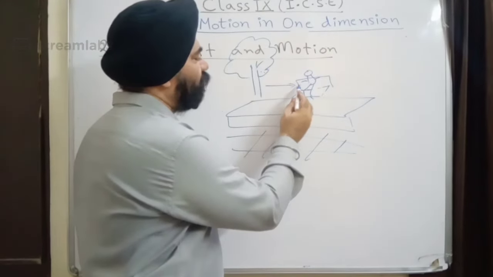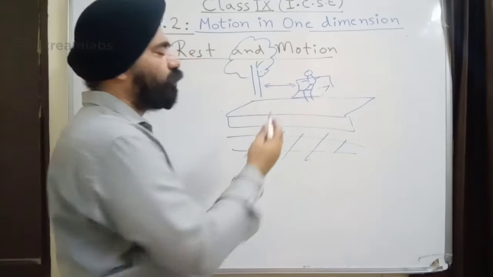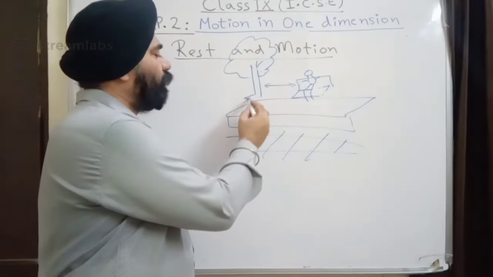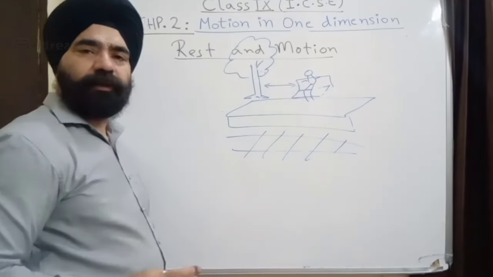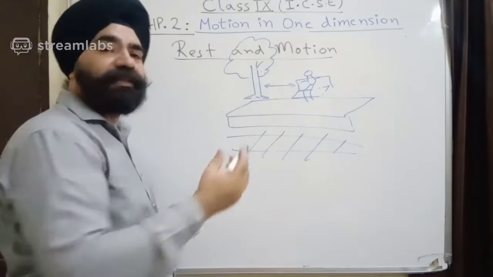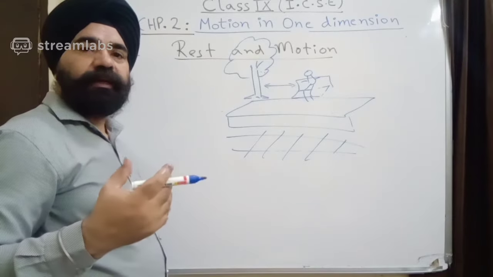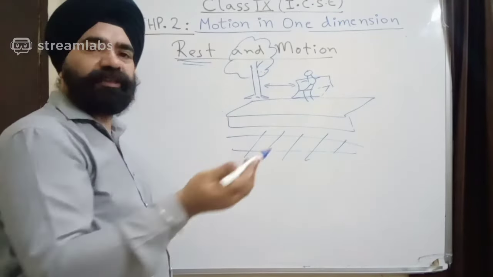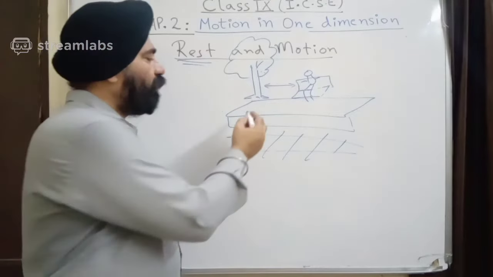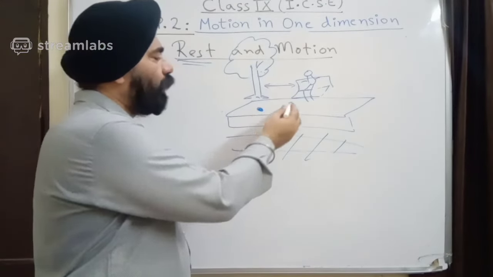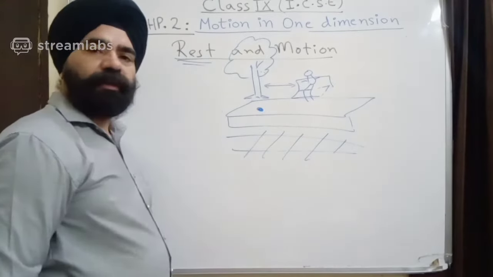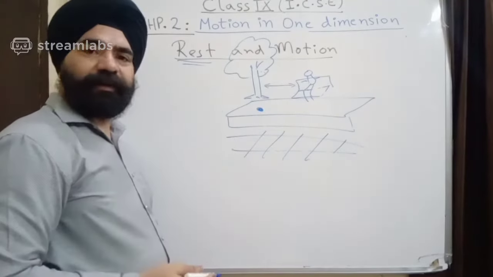If I take the reference point as the bench, the tree remains in that same position with the passage of time. It does not change its position. This tree is not changing its position with its immediate surroundings, so it is at rest, it is stationary. Or if I take a stone lying on the platform, the stone is not changing its position with its immediate surroundings, so it is at rest.